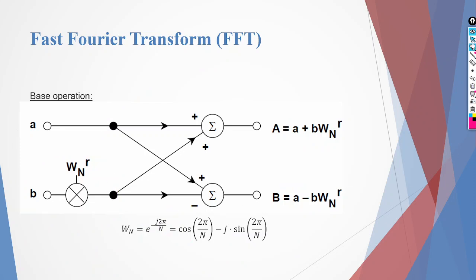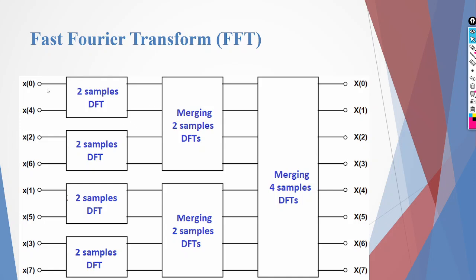So once you have calculated these 4 of them, let's say we have 8 samples, so that means you split 8 samples into 4 groups by 2. You calculate each of them with this base function of butterfly, here, here, here, and so forth.